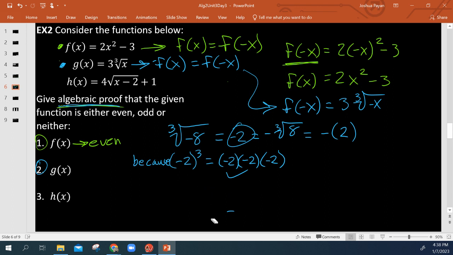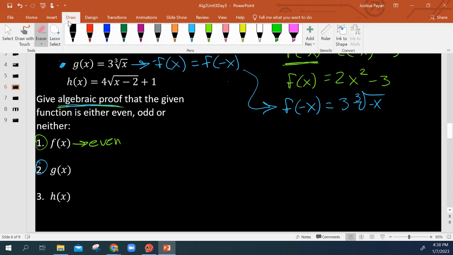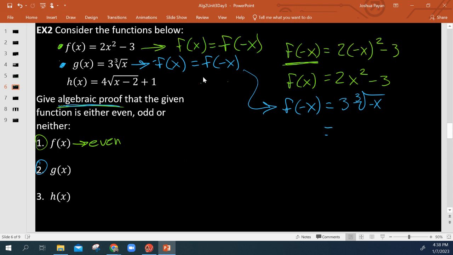And what that tells us is that this is the same thing as saying this, which in fact is this.